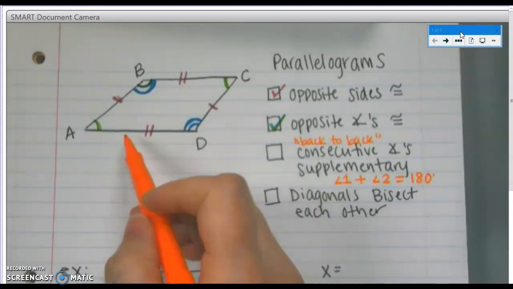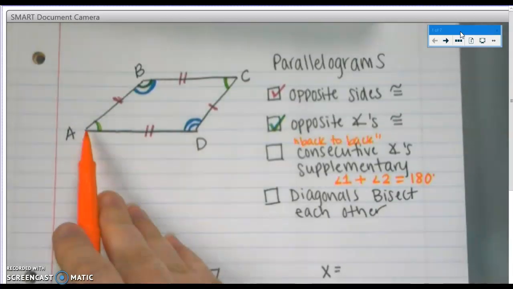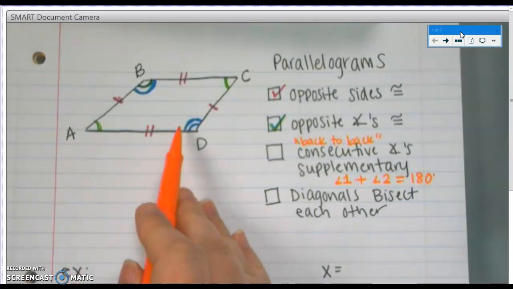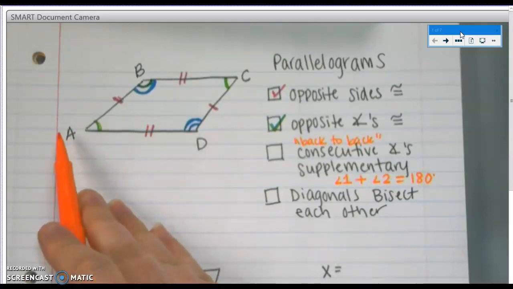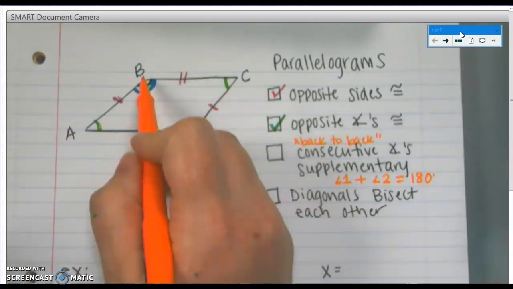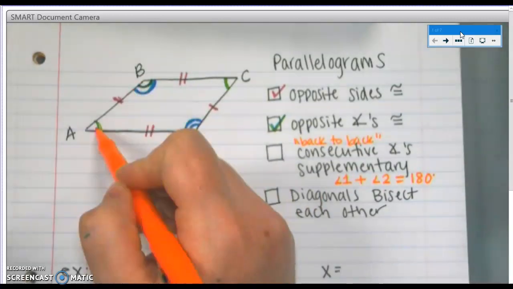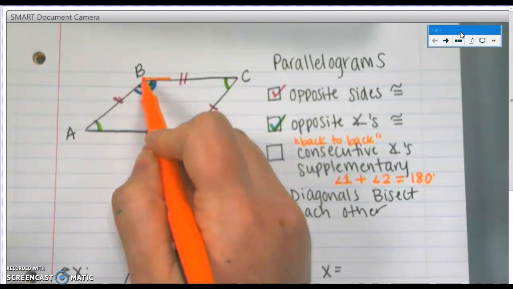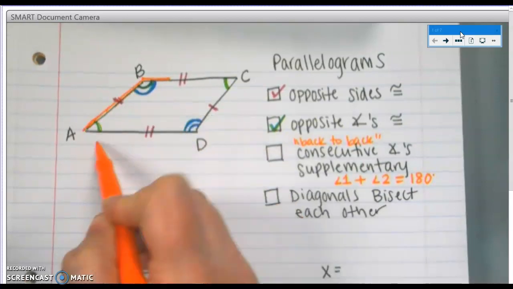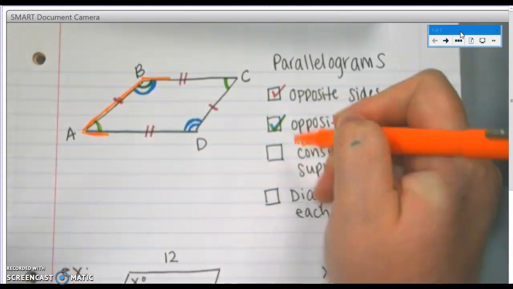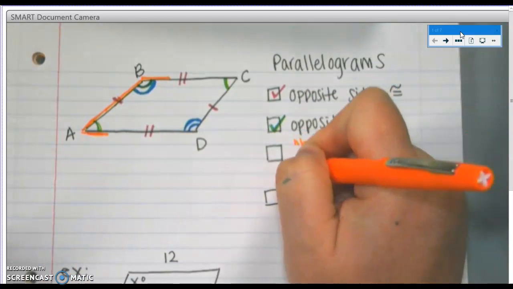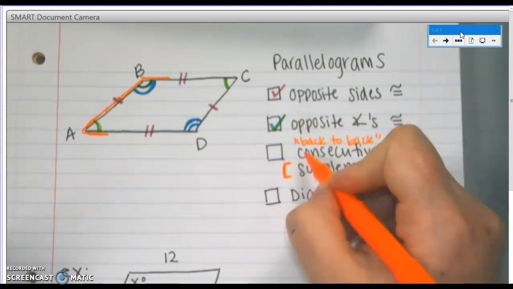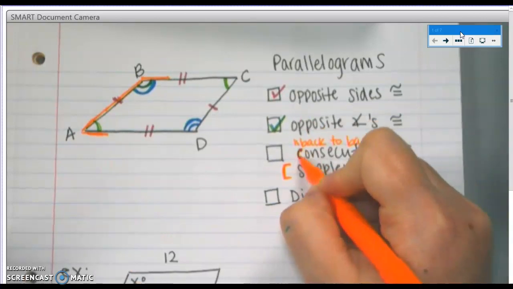So in this example, any green paired with a blue are consecutive angles, like angle B and angle A. And another way that I like to use as a trick to help identify them, it's not really great, but do you see how that kind of made the letter C for consecutive?